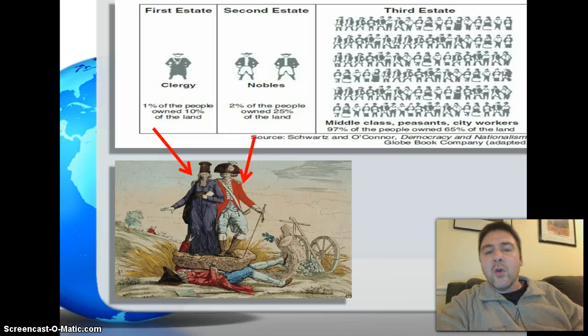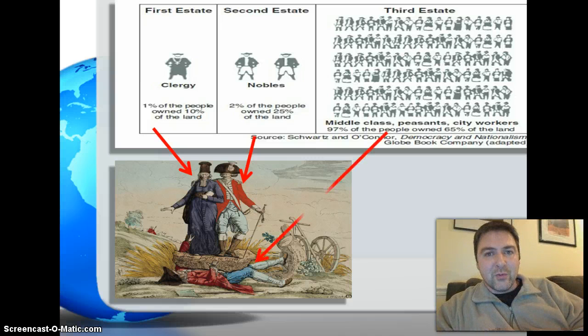The nobles only made up 2% of the population, and yet they control 25% of the land. These two groups, which were only 3% of the population, are going to control 35% of the land in France. That leaves the majority of people, 97%, on 65% of the land.